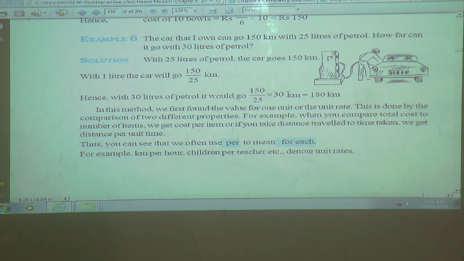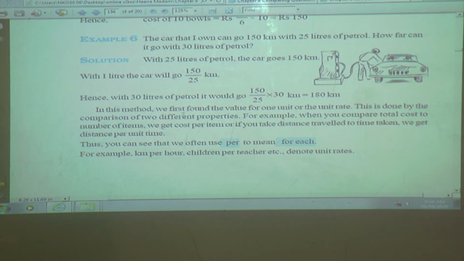Again we will reduce, because it is possible to reduce, and we get 180 kilometers. So when I fill 25 liters, it was covering 150 kilometers. When I fill 30 liters of petrol, it covers 180 kilometers.